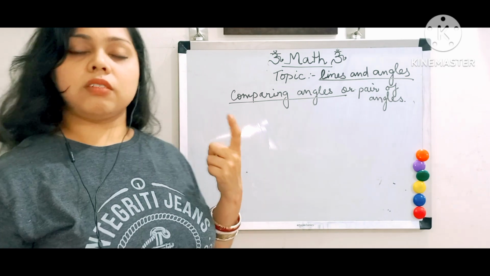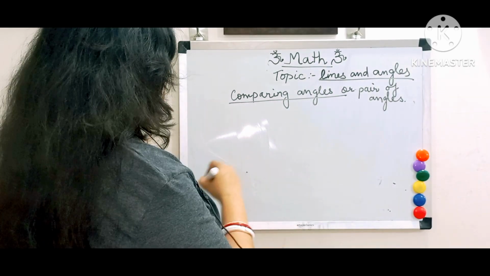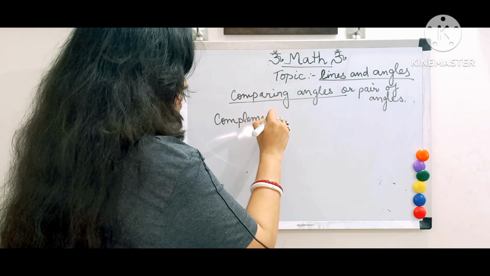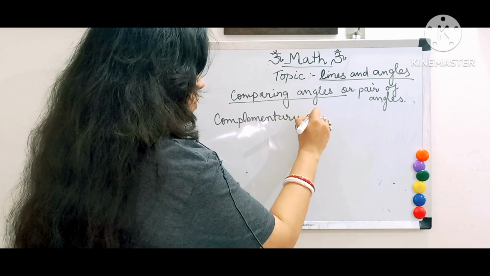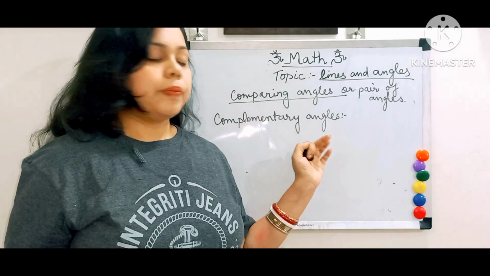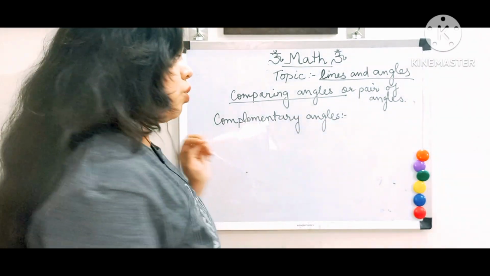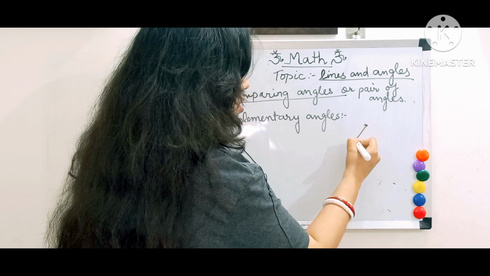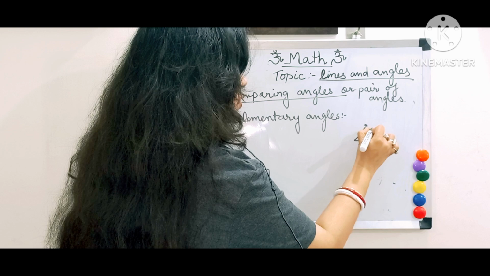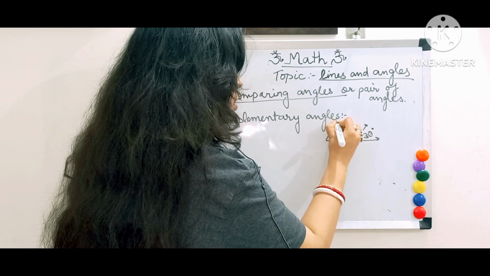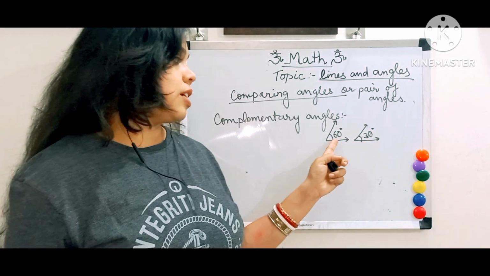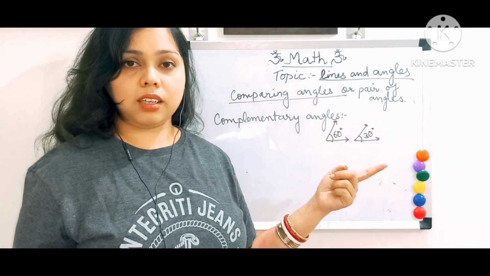So first we will talk about complementary angles. So what are complementary angles? If there are two angles like this, it is 30 degrees and the other angle is 60 degrees, and the sum of 60 and 30 is 90 degrees.